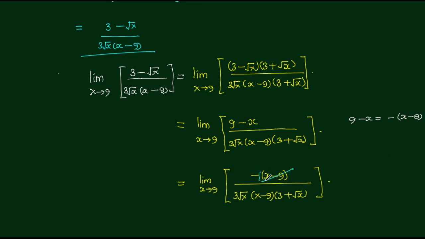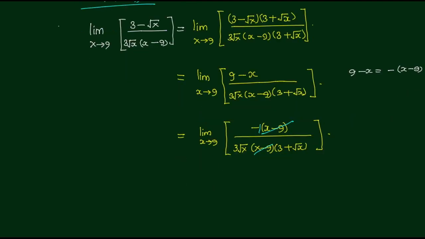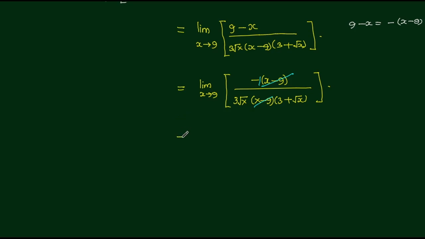This one goes to 1, then the denominator also vanishes to 1, times the remaining terms, which we are going to collect together. The numerator is negative 1. So we have the limit as x tends to 9 of negative 1 divided by the remaining terms from the denominator, 3 root x, then 3 plus root x.